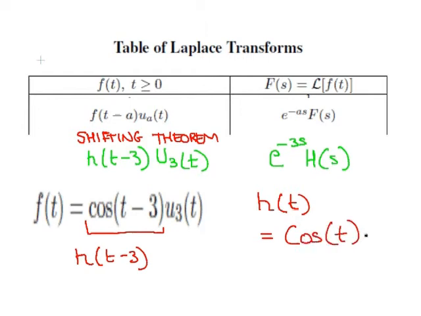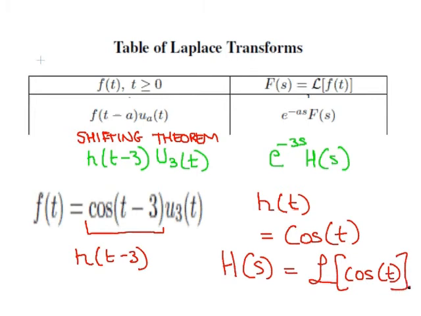Just substitute in the appropriate input, t for t minus 3. So what we have to do is find the Laplace transform of cos of t, that to give us h of s. So we're going to use another entry in the tables to do that.